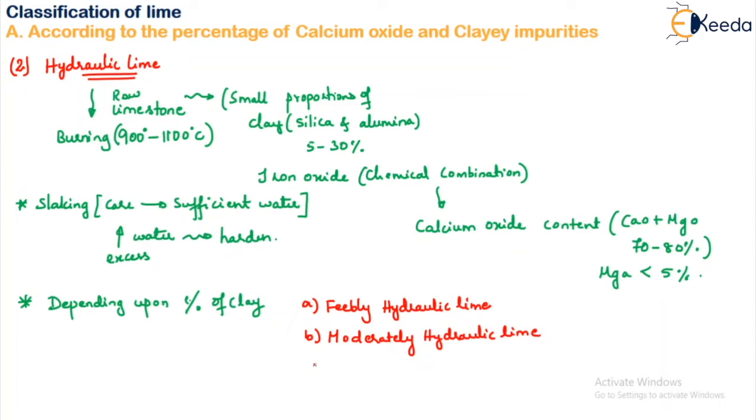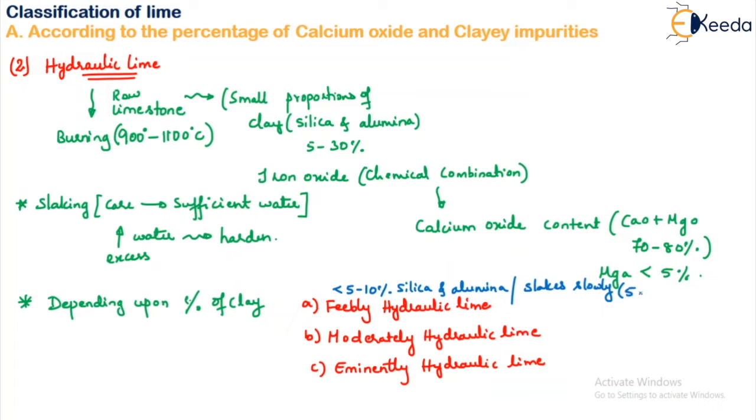And thirdly, the eminently hydraulic lime. So this feebly hydraulic lime will have 5 to 10%, very less than 5 to 10% of silica and alumina. Also, it will slake very slowly.